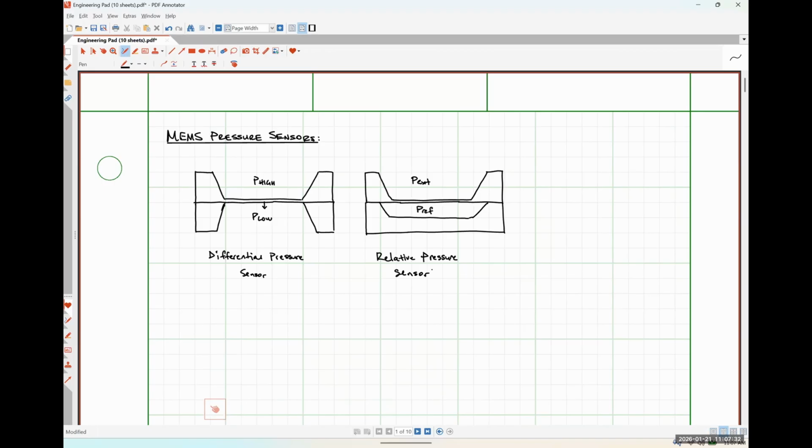And then the last type of pressure sensor is going to be the exact same picture, except that inside of that cavity, instead of it being some reference pressure, it will be a vacuum.